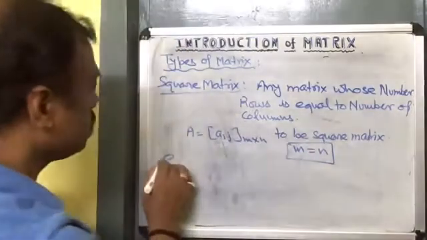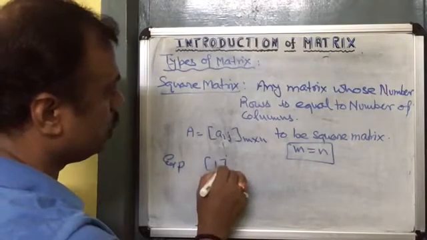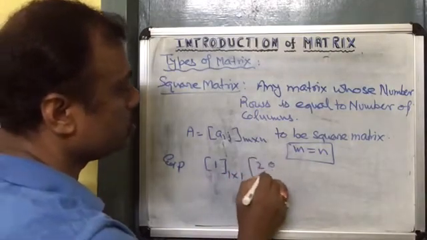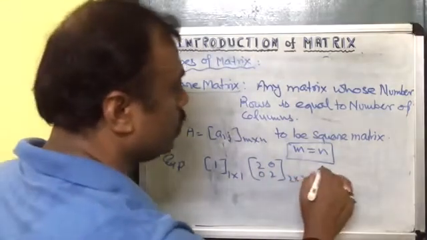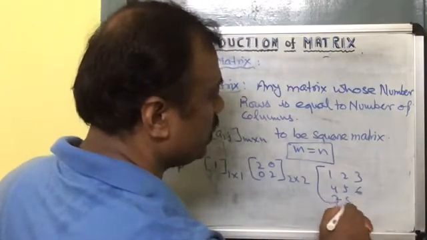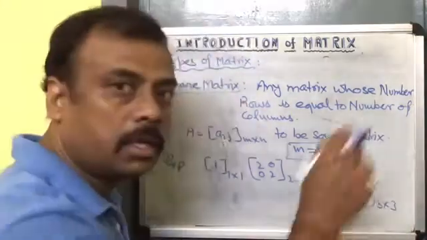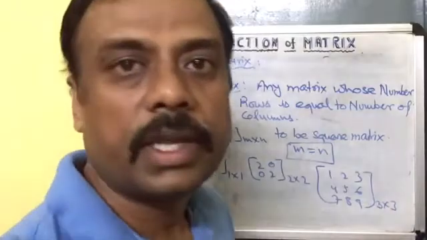For example, 1, this is also a square matrix. 2 0 0 2 is also a square matrix of order 2. 1 2 3 4 5 6 7 8 9 is also a square matrix of order 3, and so on.